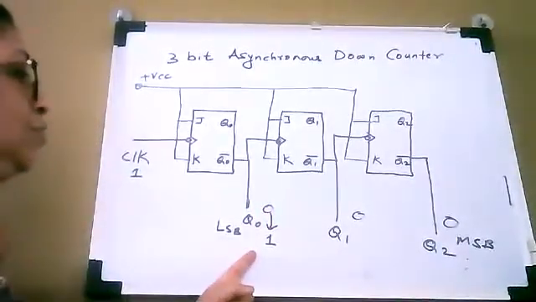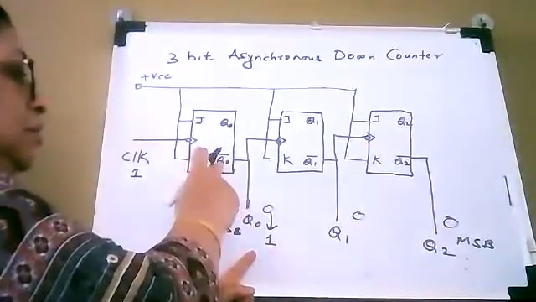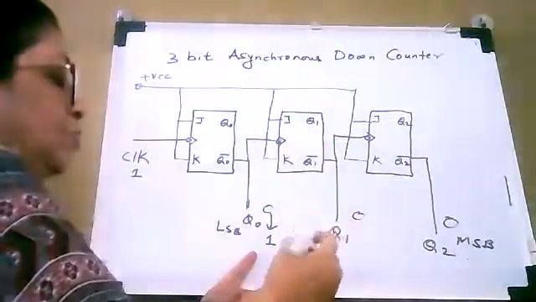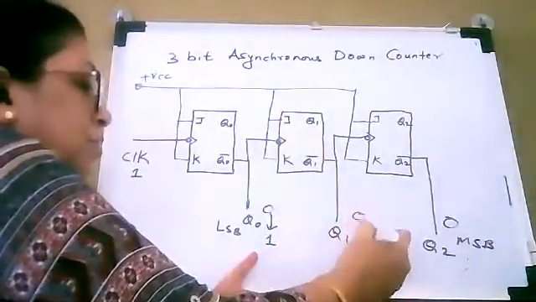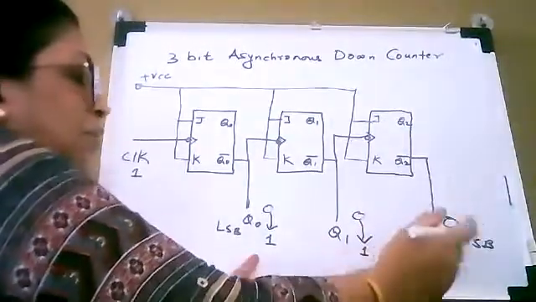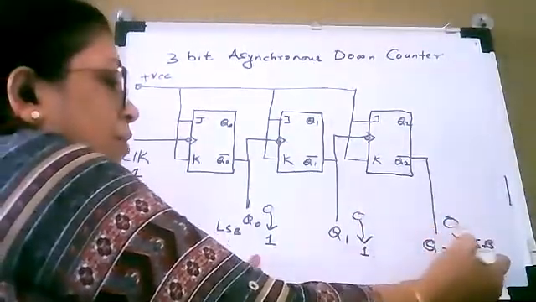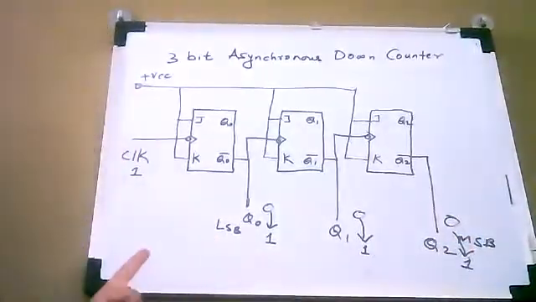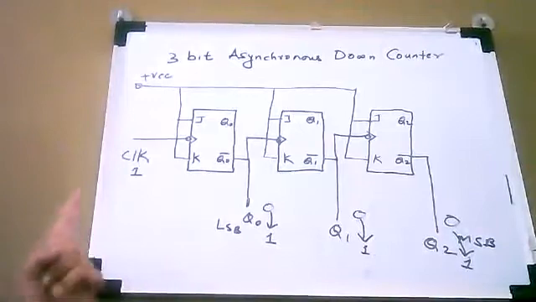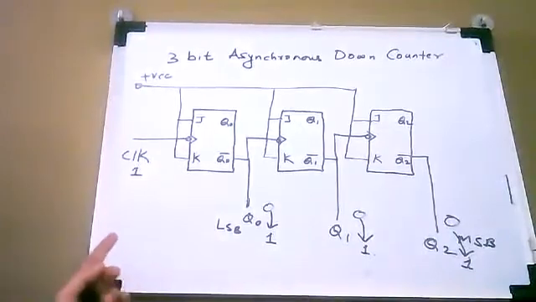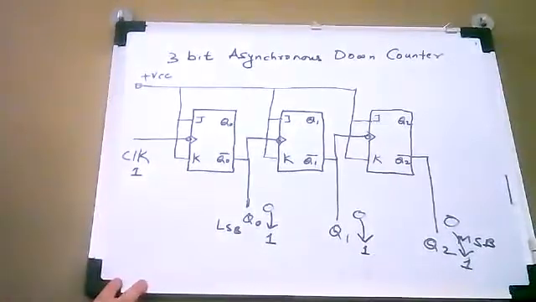And as it is going to toggle from 0 to 1, as the inverter is present here, the second flip-flop is also going to toggle from 0 to 1. And similarly, the third flip-flop is also going to toggle from 0 to 1. So now the next state will be 1 1 1. Okay. So after 0 0 0, the next state will be 1 1 1.